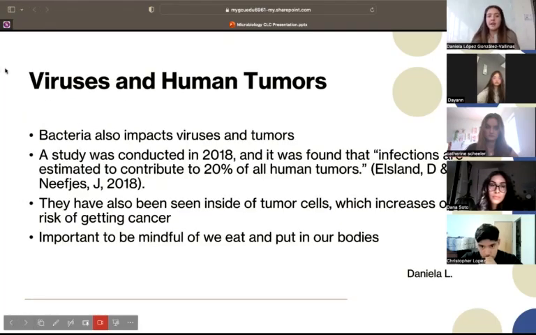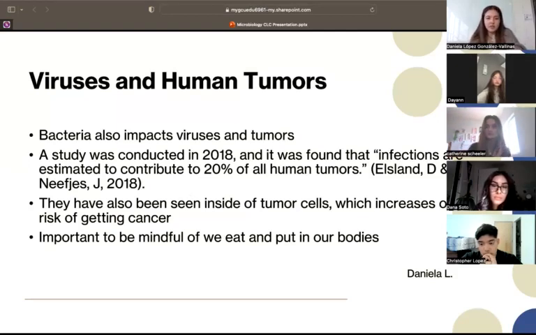Also, bacteria impact viruses and tumors. A study conducted in 2018 found that infections are estimated to contribute to 20% of all human tumors. Bacteria have also been seen inside of tumor cells, which increases one's risk of getting cancer.